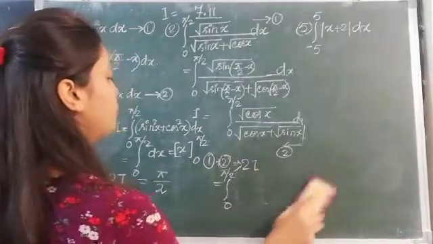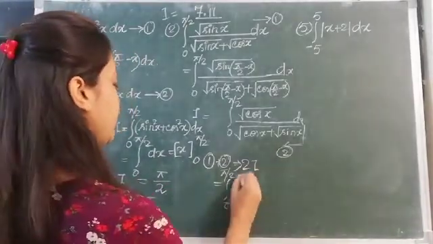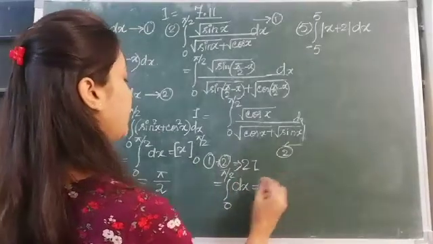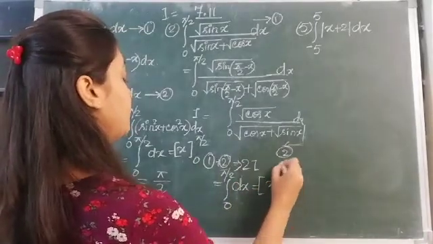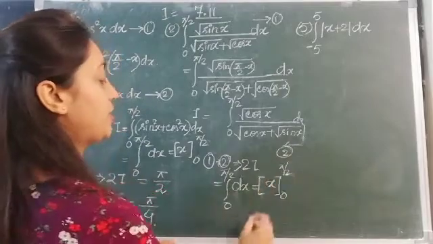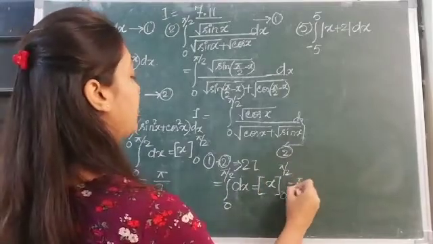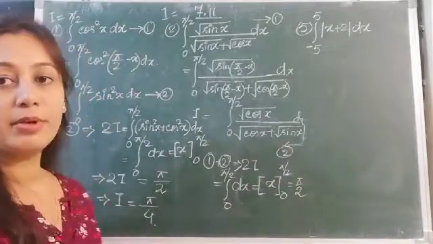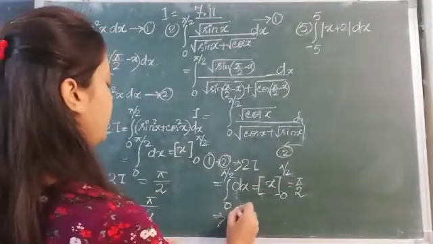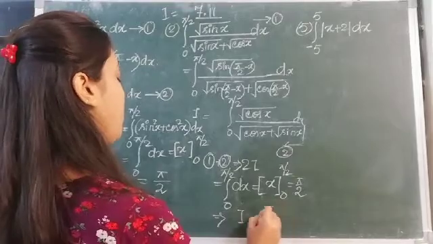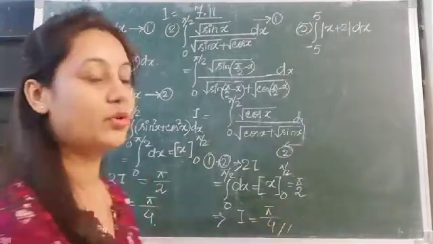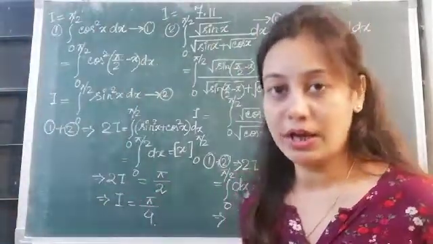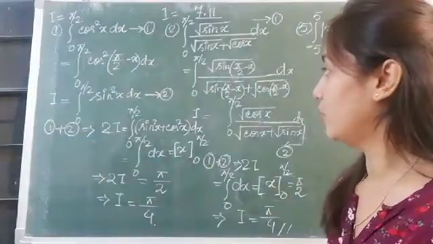So the integration from 0 to pi by 2 of dx is equal to x from 0 to pi by 2. After substituting the limits, you will get pi by 2 minus 0, that is pi by 2. So twice I is equal to pi by 2. That means here again the value of the integral will be how much? Pi by 4. Okay students, I hope you have understood both the questions.